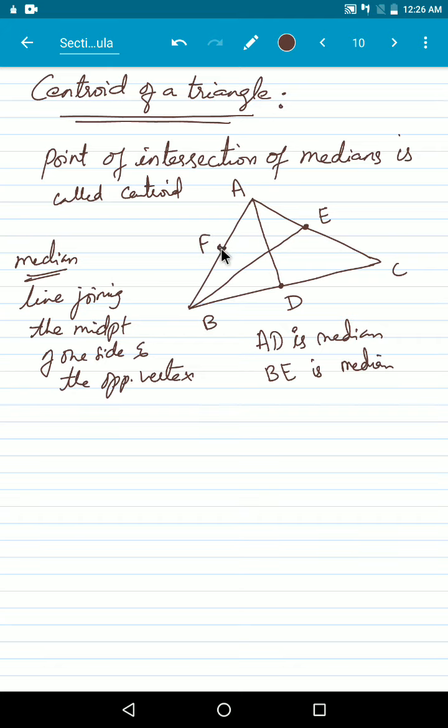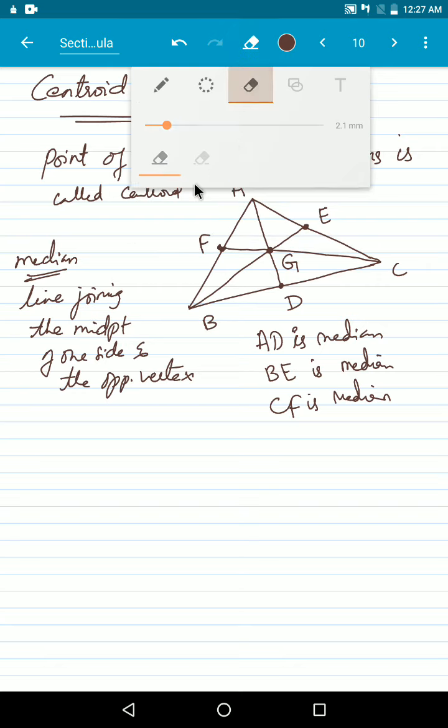If F is the midpoint of AB and if we join F with C, this CF is median of triangle. So like this we will have three medians and all those three medians will intersect here. That point is called as centroid of a triangle and it is denoted by G. Okay, it is not denoted by C, it is denoted by G.